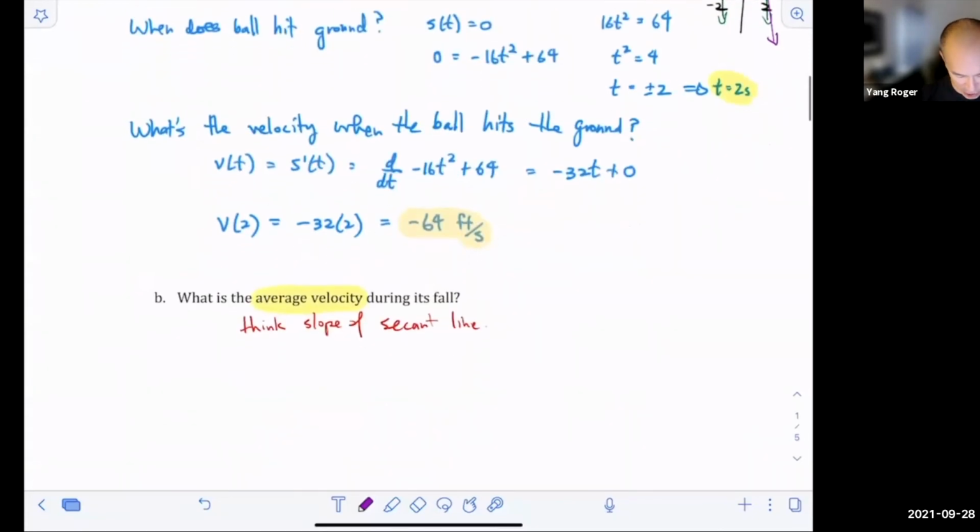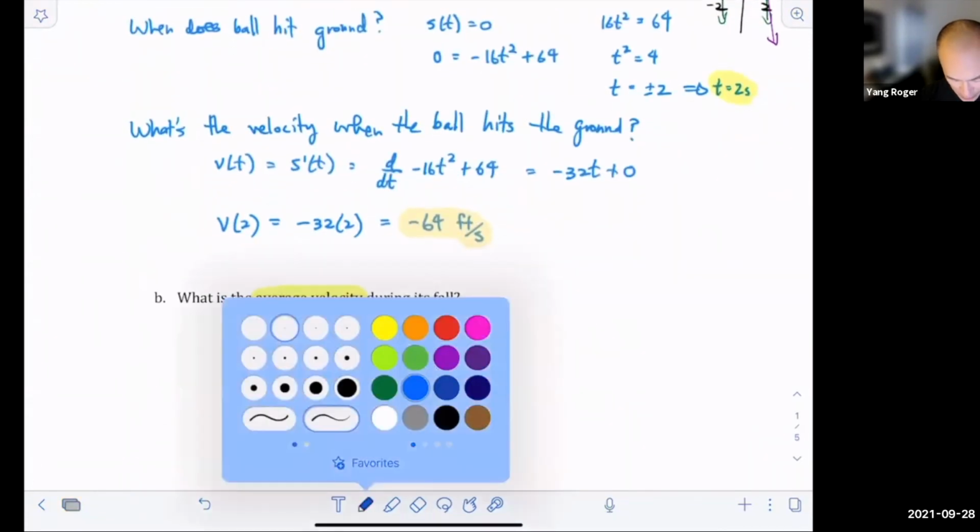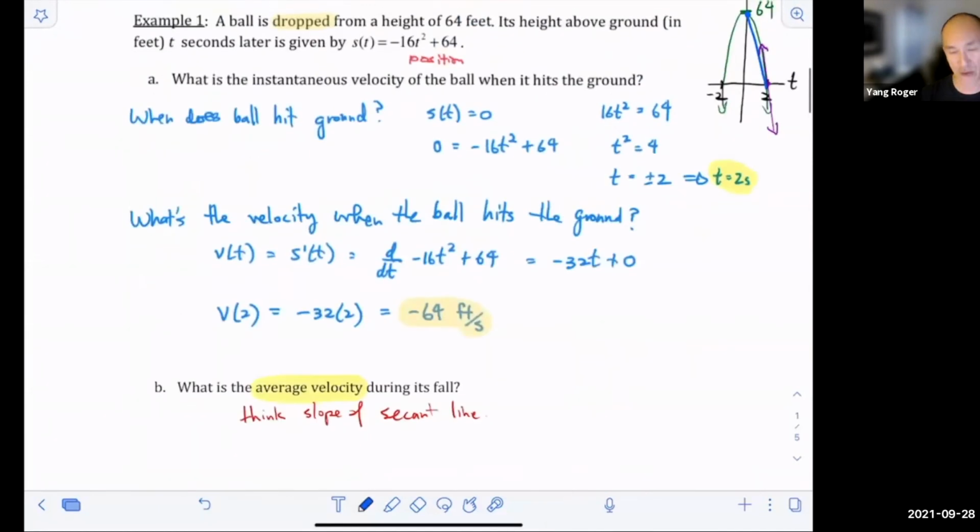So when we want to find the slope of this secant line, we're going to need 2 points. Anyone know what the 2 points I want to use are? You can type your answer in the chat box if you have a feeling. I agree, the starting point and the bottom point.